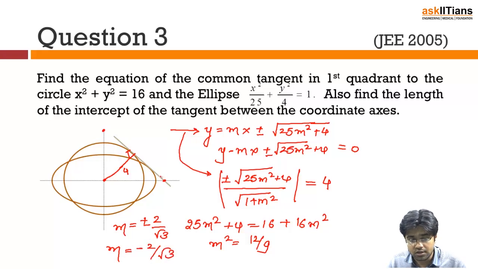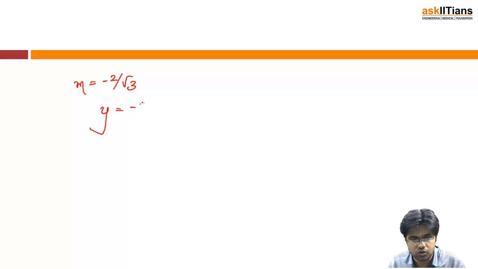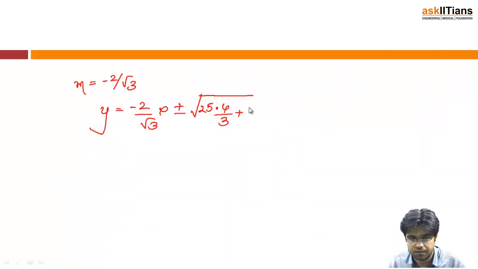Why? Because of this tangent, its slope is negative because it's making an obtuse angle. So with this condition, I am again going to write my equation of tangent, putting m as −2/√3. That means my equation will become y = −2/√3 x ± √(25m² + b²), that is 25 × 4/3 + 4.